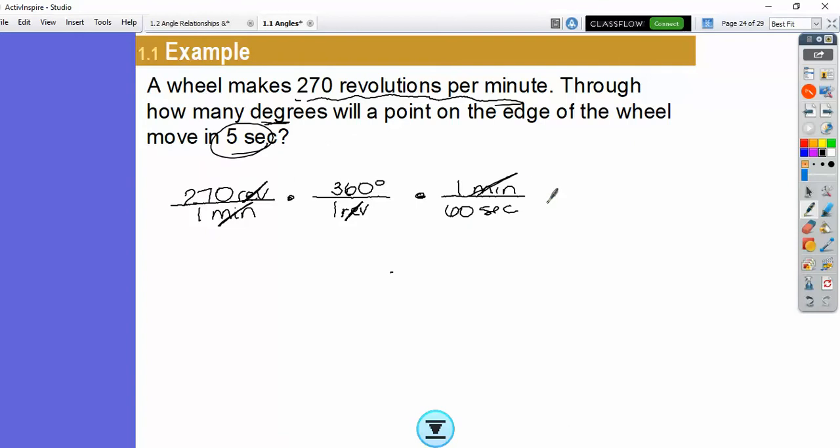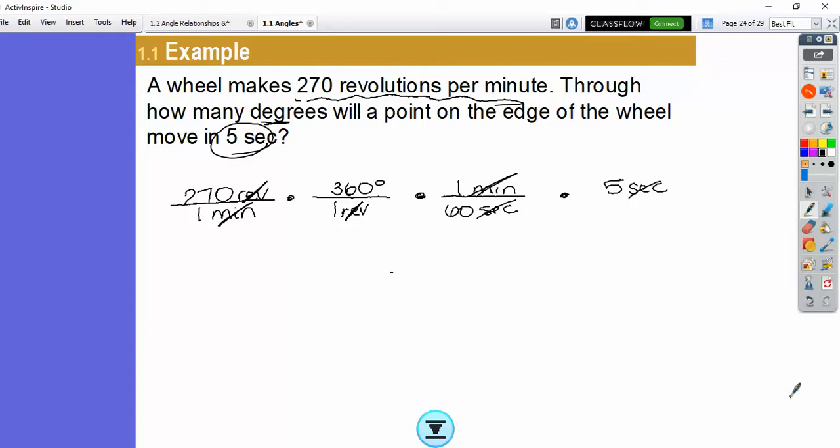We're spinning for 5 seconds. So if I just multiply by that 5 seconds, because that's how long it's moving, those seconds cancel. The only unit I'm left with is degrees. And isn't that what I wanted? How many degrees? Then we just multiply and divide.